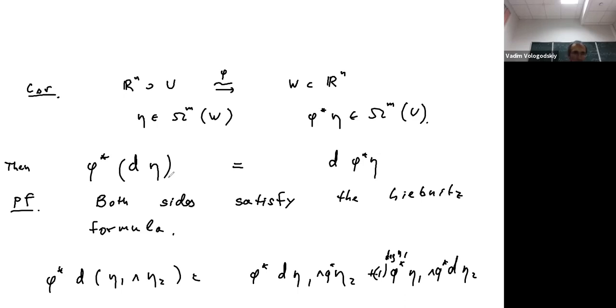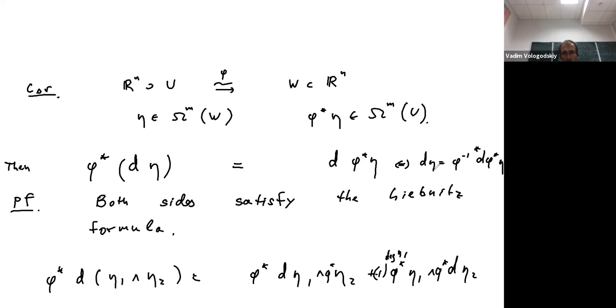Another way of phrasing the same proof would be the following. This property is equivalent to saying that d eta is equal to phi upper star of d phi inverse upper star eta.